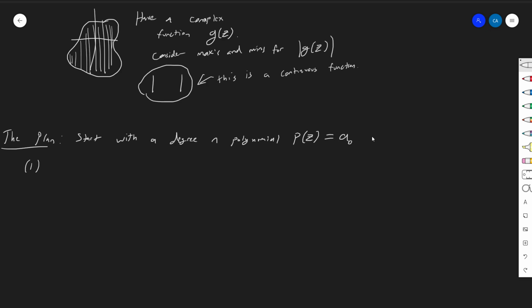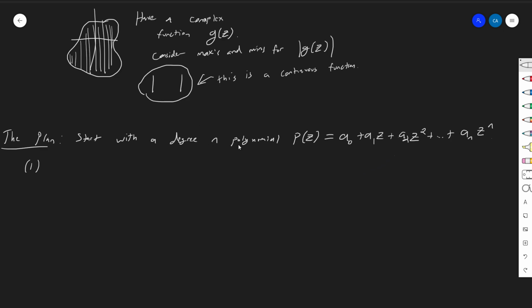And I'm going to label it a0 plus a1 z plus a2 z squared plus dot dot dot plus a n z to the n. So here's my arbitrary polynomial. This is the guy we're going to focus on for the whole proof. All of these a's are complex numbers. Keep that in mind.